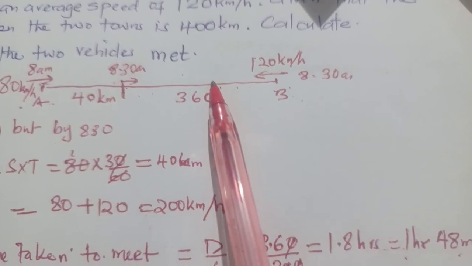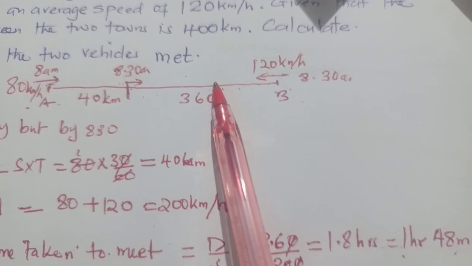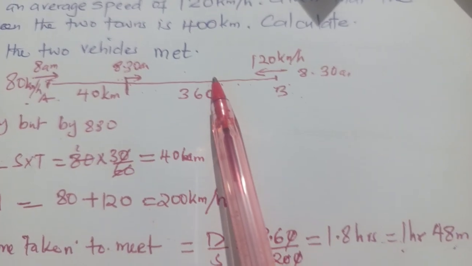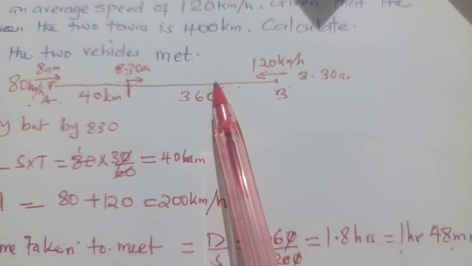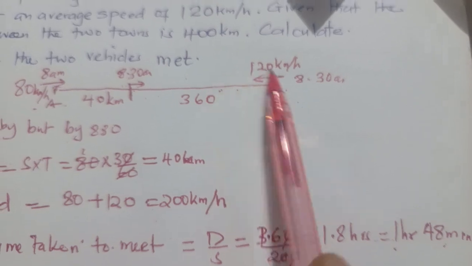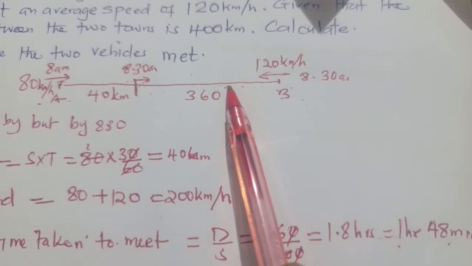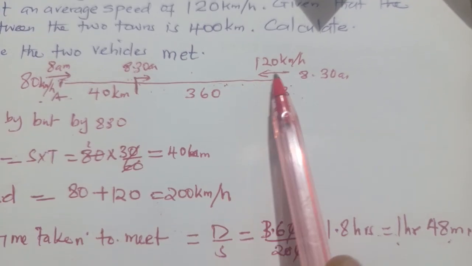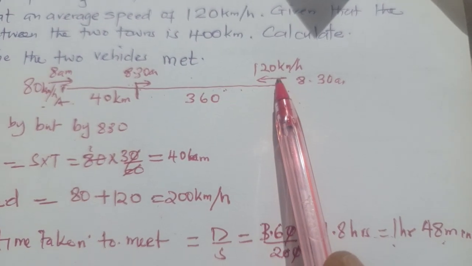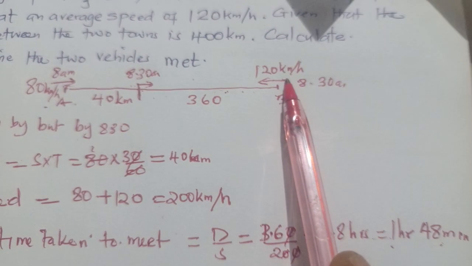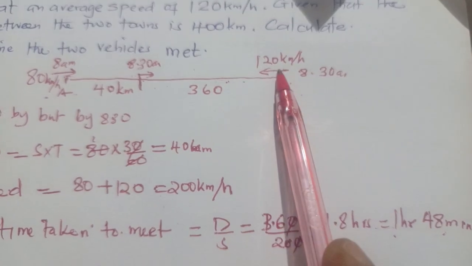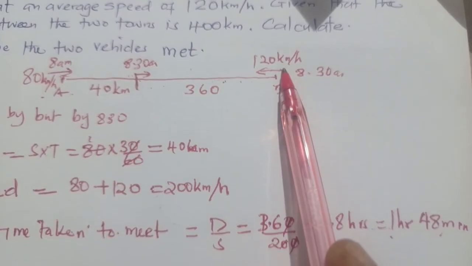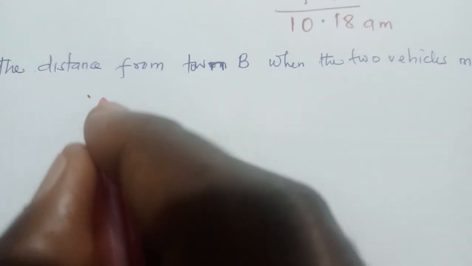So we need to know how far the meeting point was from town B. Because they met after 1 hour and 48 minutes, that is 1.8 hours, we can use the speed of the car which is coming from town B.